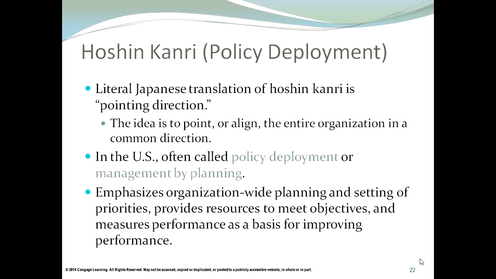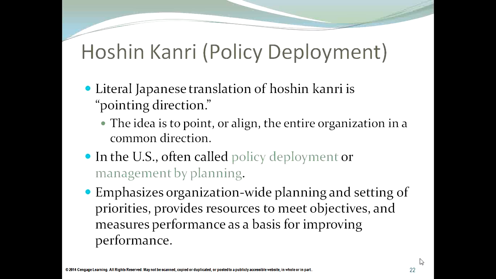and as I just talked about Hoshin Kanri, which is policy deployment. The literal Japanese translation of Hoshin Kanri is pointing direction. The idea is to align the entire organization in a common direction.